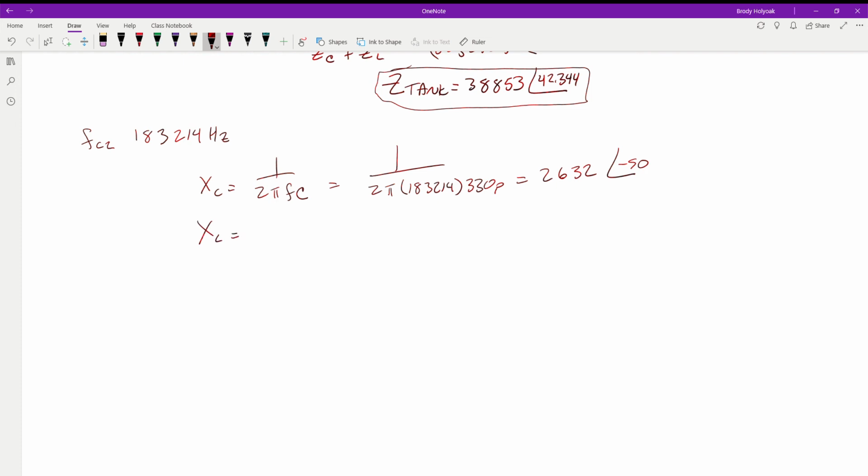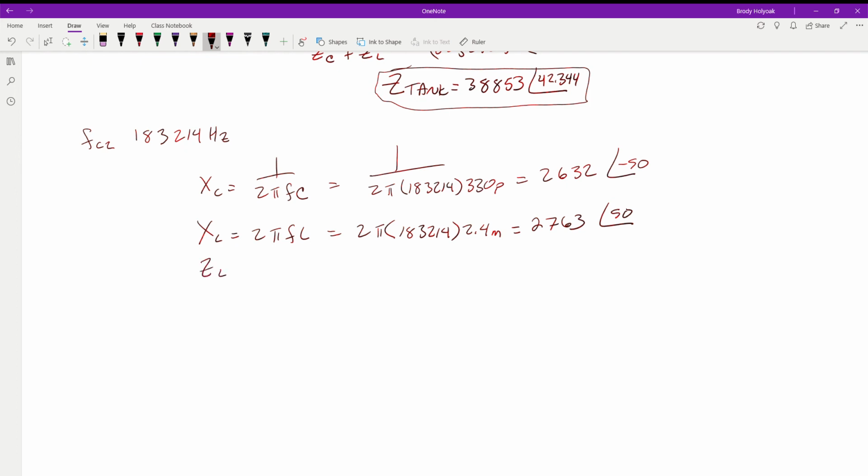The reactance of our inductor is 2 pi FL, and that's equal to 2 pi times 183,214, and the inductor is 2.4 millihenries. That value comes out to be 2763 at 90. So again, at the higher frequencies, we should see this inductor value climbing up. The capacitor should be decreasing.